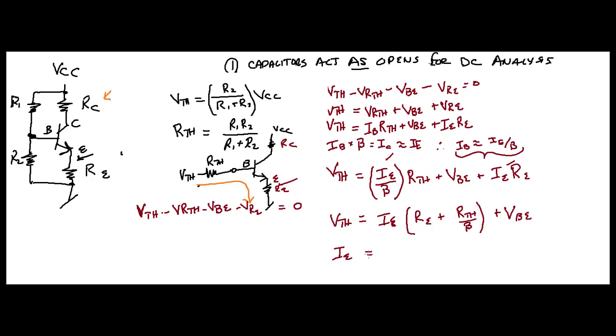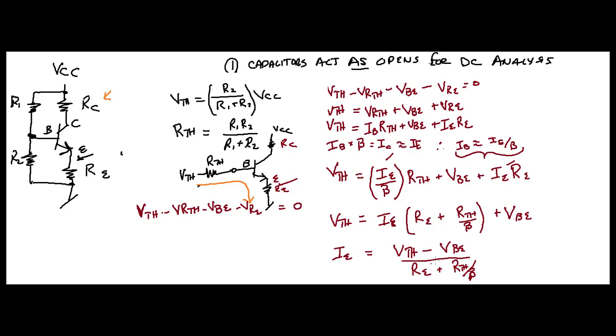IE is going to equal VTH minus VBE divided by RE plus RTH, R Thevenin, over beta, right? There should be a little tail there. There's a little tail there, right?